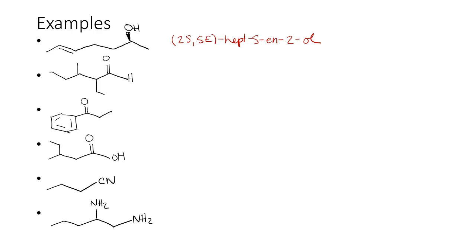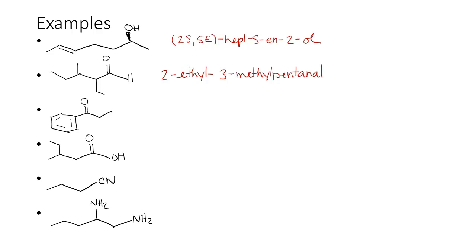For example number 2, this is 2-ethyl 3-methyl pentanal. So 2-ethyl, 3-methyl, pentanal. And please make sure that you are very clear with the al for the aldehyde.